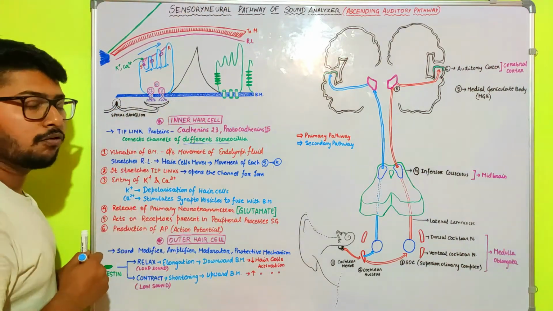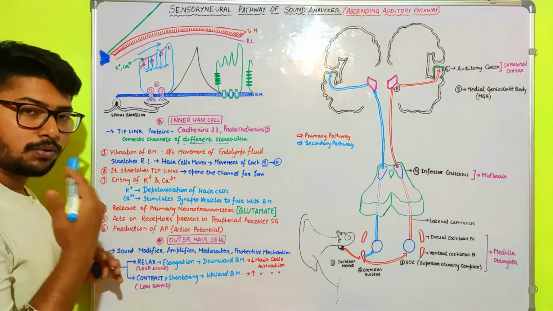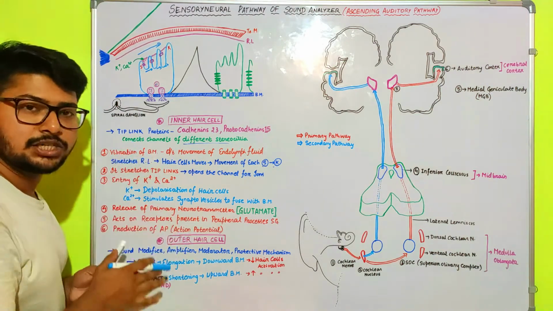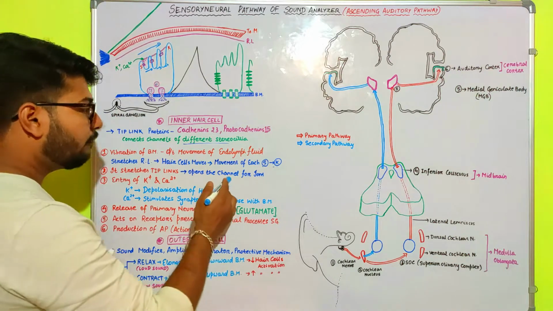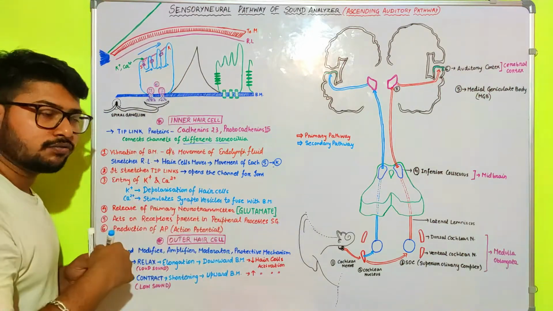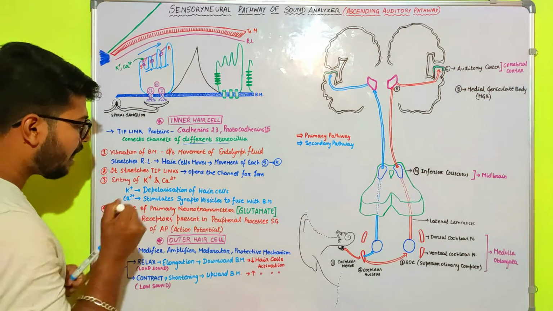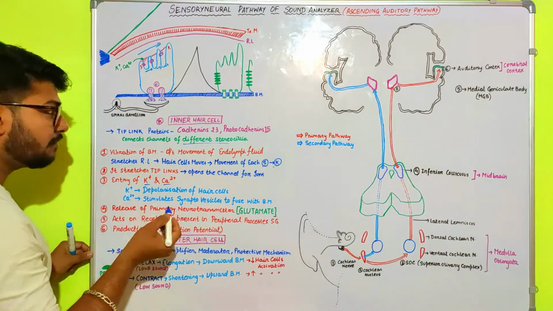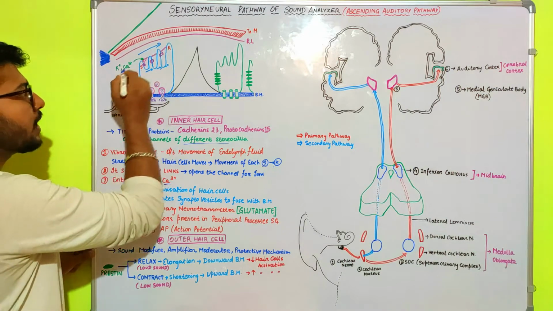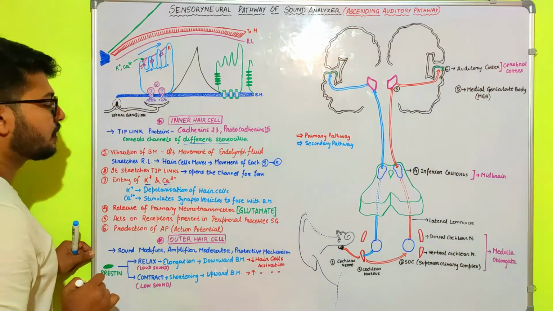Inside the cochlear duct we have endolymph, and I have said that endolymph is rich in potassium ion. So it will open the channel for entry of the potassium ions. Along with the potassium ion, we have calcium ion. So there will be entry of potassium and calcium ion through these channels.